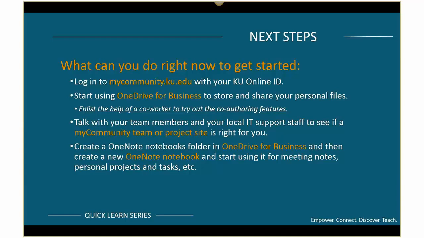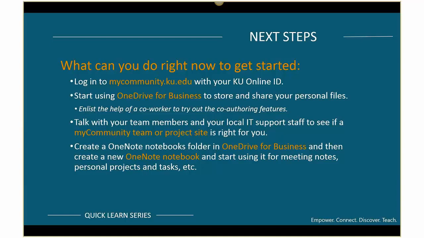So if you're ready to get started after today's session, here are some things you can do right now. First, you can log into mycommunity.ku.edu. You can start to use OneDrive for Business to store and share your personal files. If you're interested in the co-authoring features, you can talk with a coworker and see if they're interested in testing out those features with you, just so you get familiar with how that works.